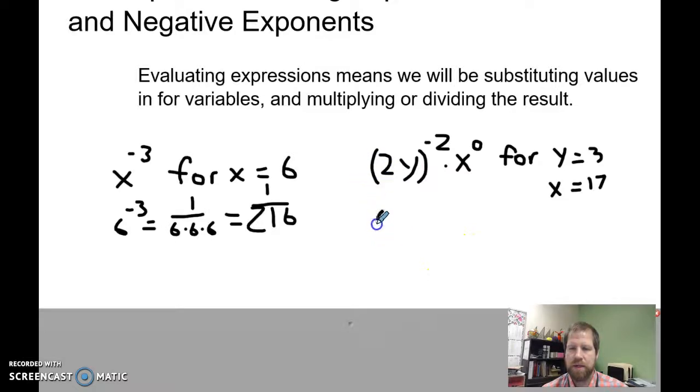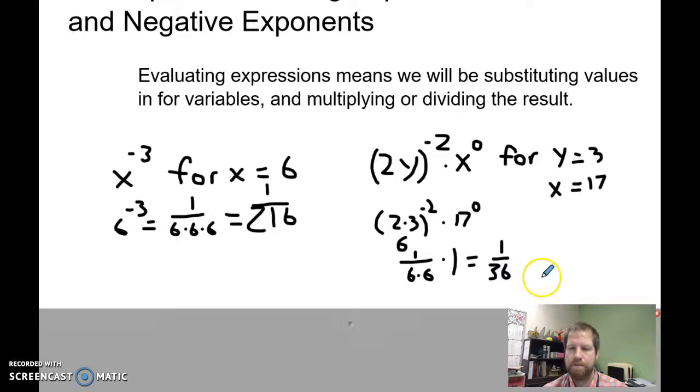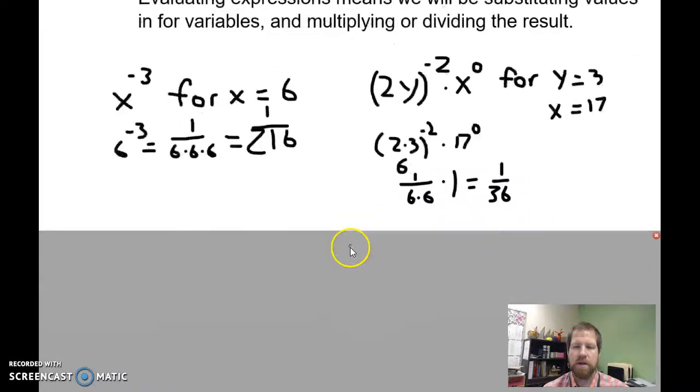So keep my parentheses. 2, y is 3, so 2 times 3 to the negative second times 17 to the 0. 2 times 3 is 6. 6 to the negative second is going to be 1 over 6 times 6. 17 to the 0 is 1, so that won't matter. 1 over 6 times 6 is going to be equal to 1/36.